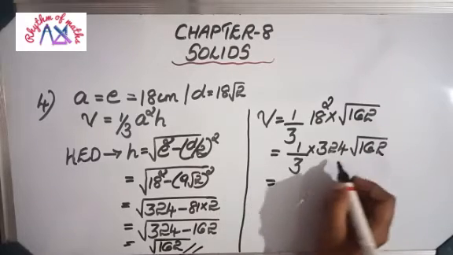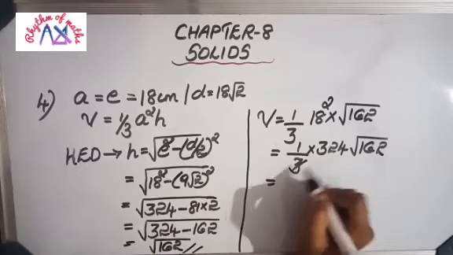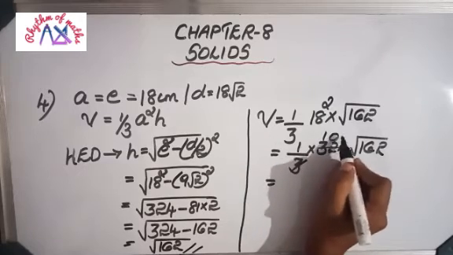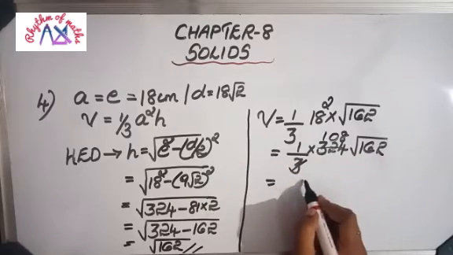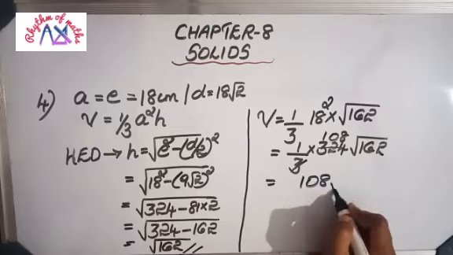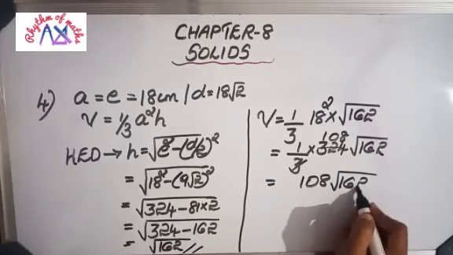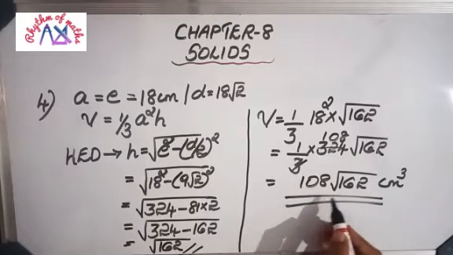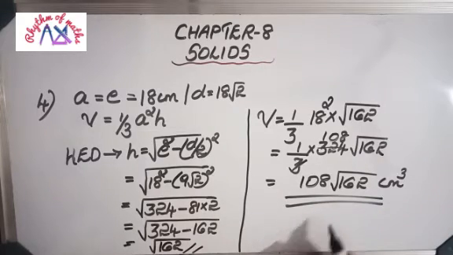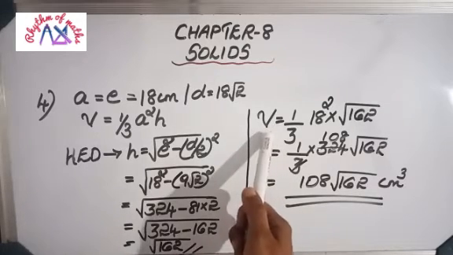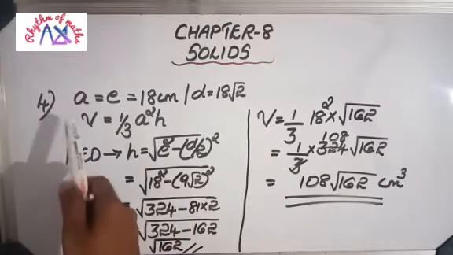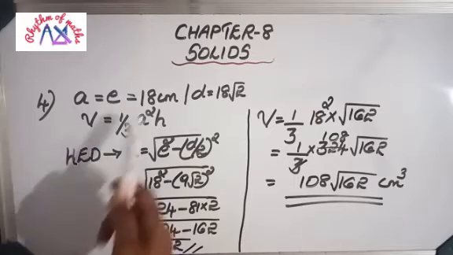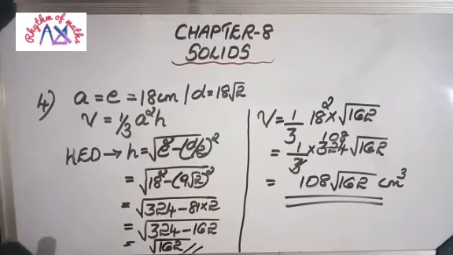After simplification, we can cancel, like 108. That is 108 root 162 centimeter cube. No need to simplify, you can stop here. So 108 root 162 is the volume of a square pyramid with the base edge and lateral edge equal to 18 centimeter. So that is the fourth one's answer.